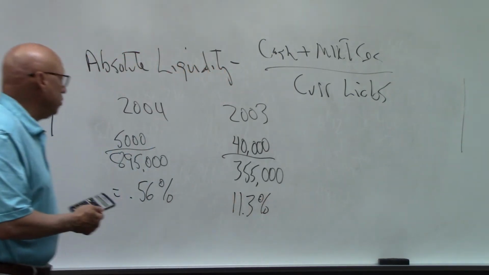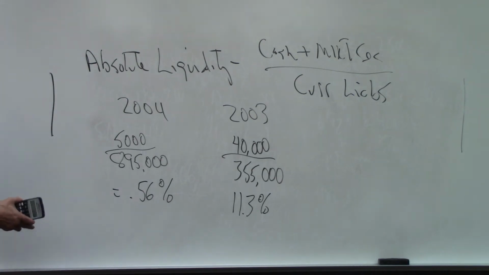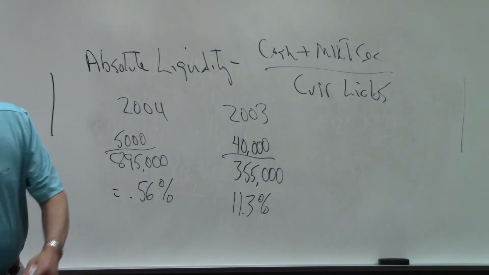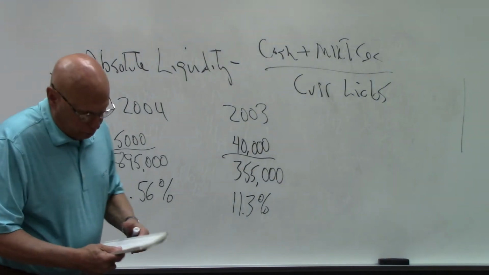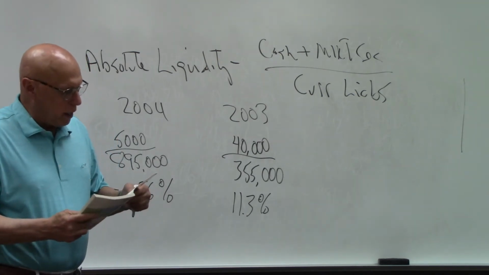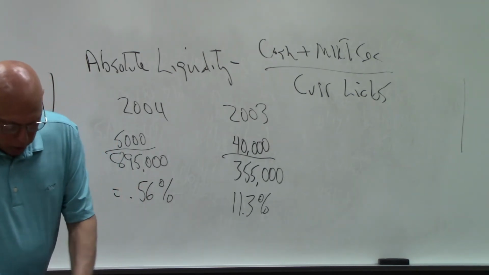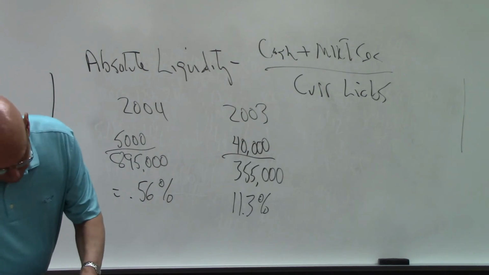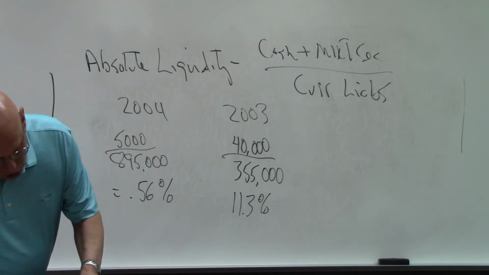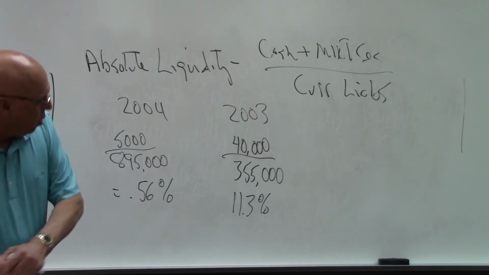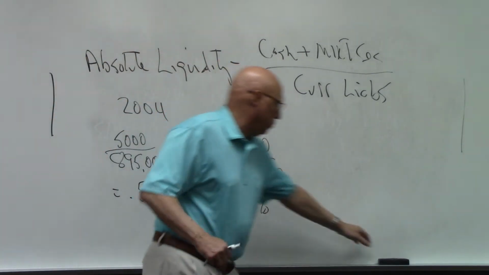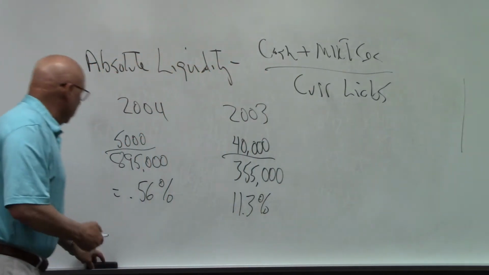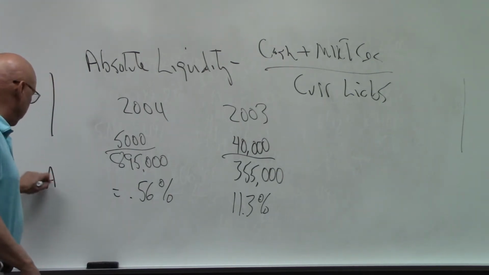All right, so their absolute liquidity has absolutely dried up. All right, let's go ahead and do the current ratio, and that kind of moves also into question 6. So questions 2 and 6 are similar questions as well. So we'll call this absolute liquidity.